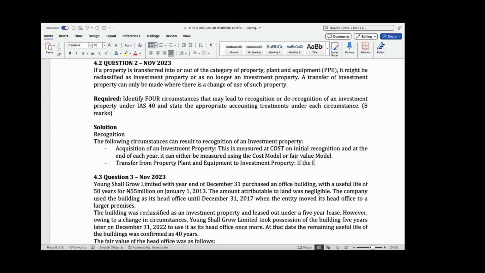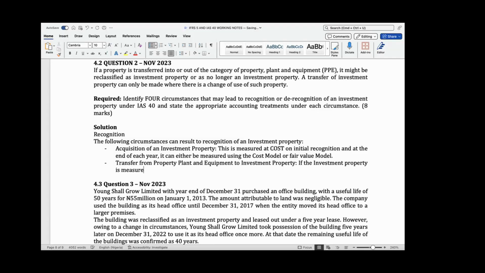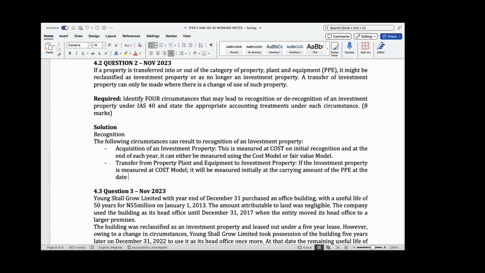So if the investment property is measured at cost model, it will be measured initially at the carrying amount of the PP at the date of change in use. Or let me use the way they mentioned it, a change of use.